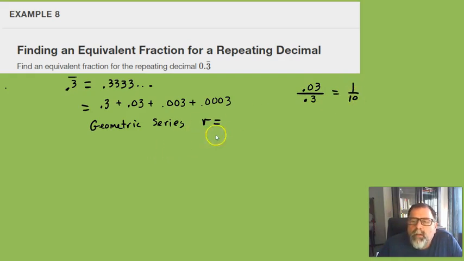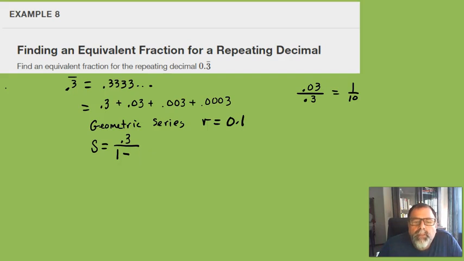Okay, so that's 0.01, 0.1, either way, right? 1/10 or 0.1. So the sum of this geometric series would be our initial value, 0.3, over 1 minus 0.1, sorry. Well, we want to write it as a fraction.